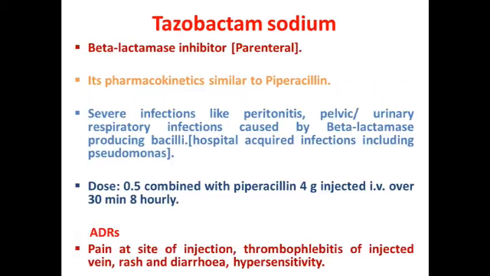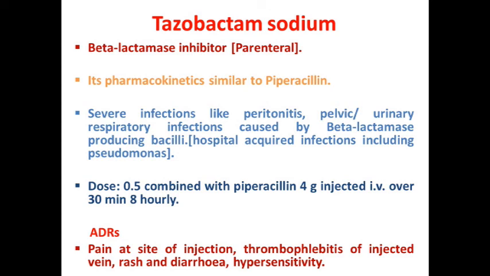Before moving further to the last of the suicidal inhibitors, that is Tazobactam sodium. It's also a beta lactamase inhibitor which is given by parenteral route, and its pharmacokinetics is very similar to piperacillin. So this is also a kind of penicillin group of antibiotics, higher order penicillins I should say, where you want to use Tazobactam in combination with this drug.